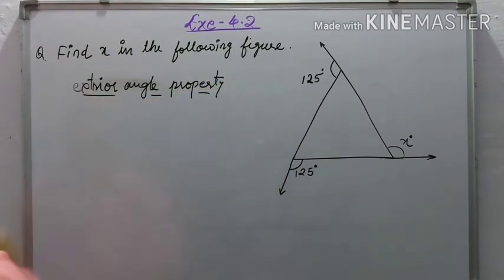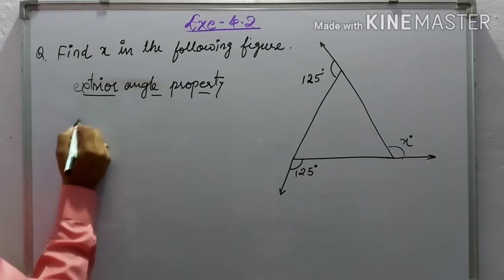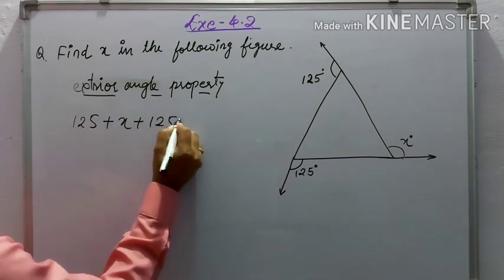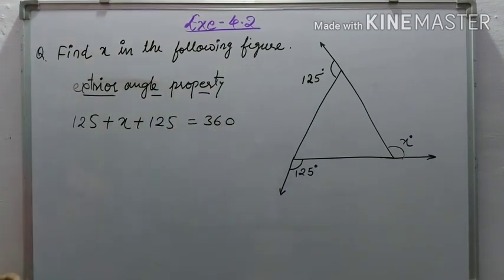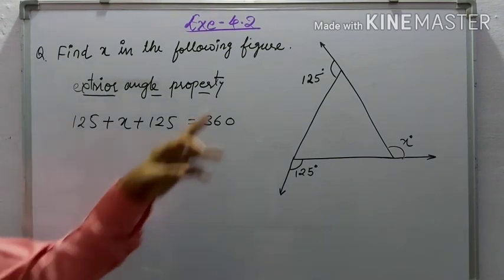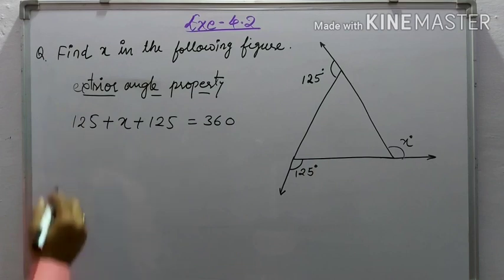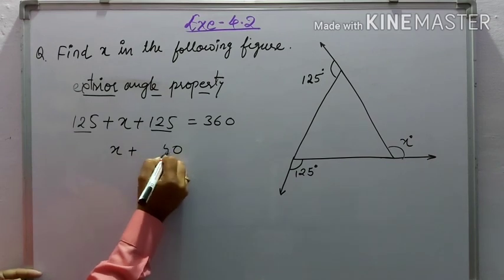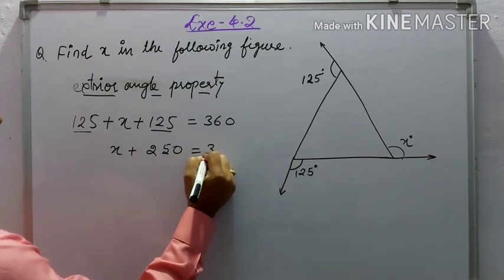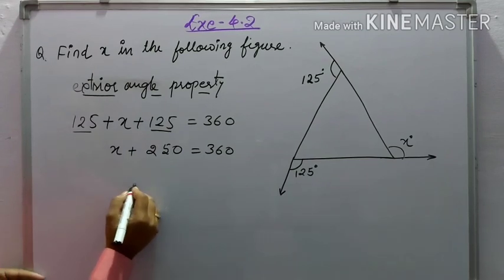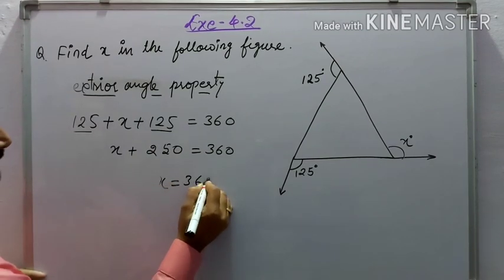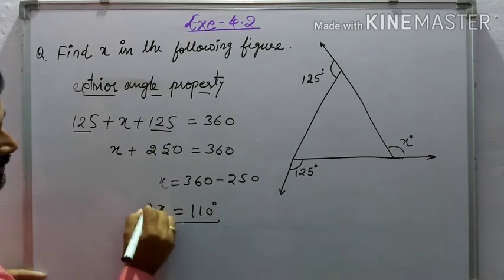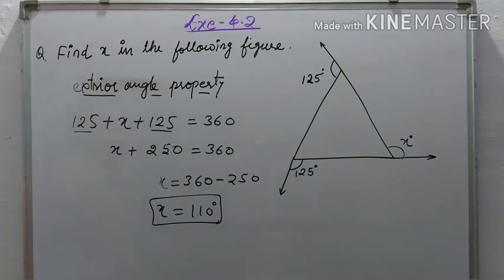Write 125 plus x plus 125 is equal to 360, because the sum of all exterior angles in any polygon is 360. So 125 and 125 is 250, x plus 250 is equal to 360, so x is equal to 360 minus 250, that is x is equal to 110. So the value of x is 110.